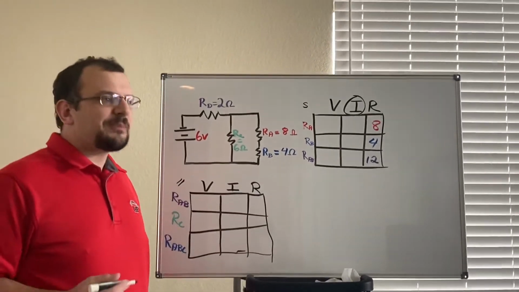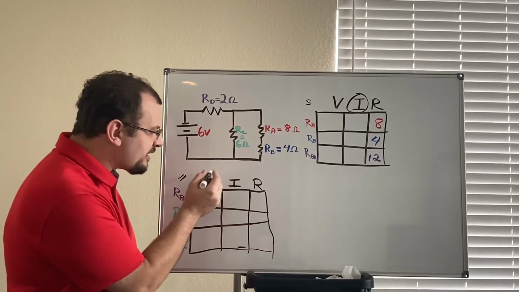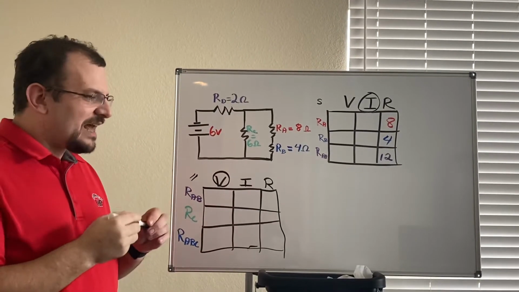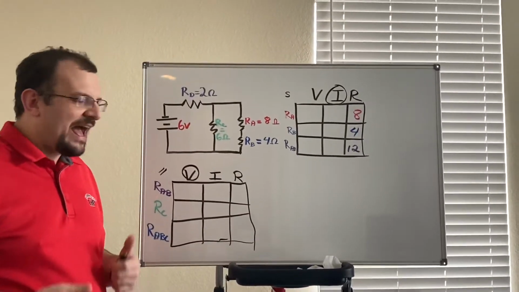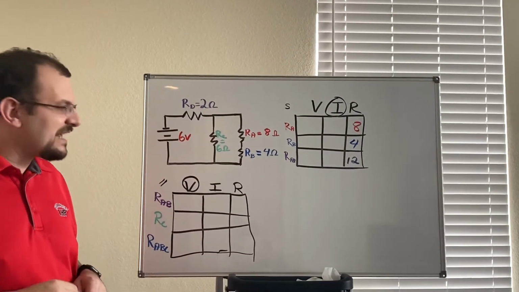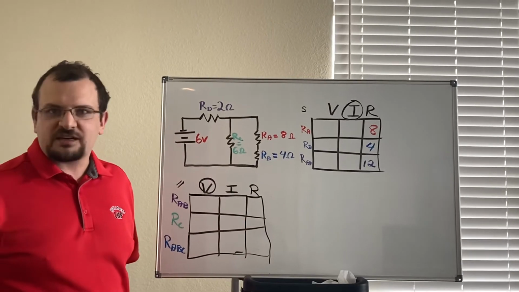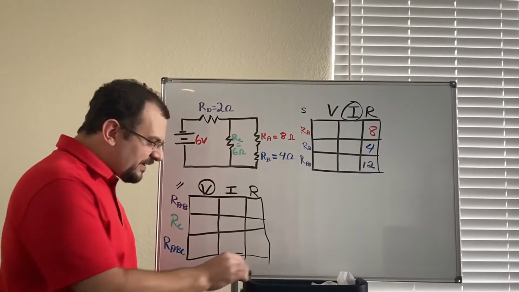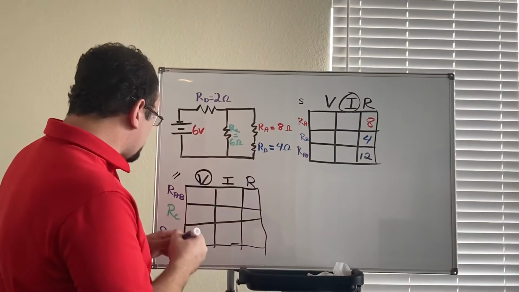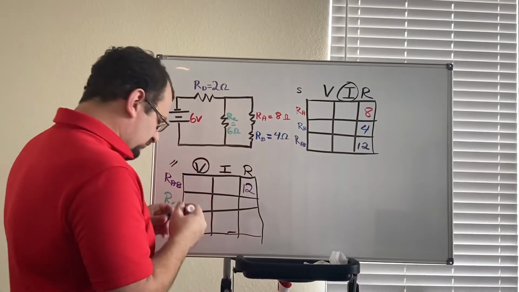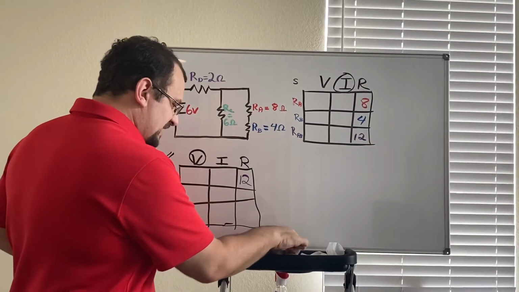And because it's a parallel part of this circuit, I'm going to circle the voltage because that indicates that the voltage is the same everywhere in this parallel part of the circuit. All right, so let's fill in our knowns here. We know that resistor AB is 12, and resistor C is 6 ohms.